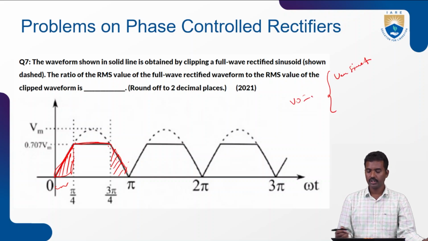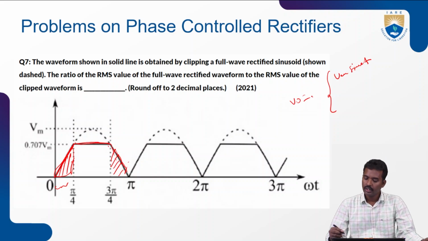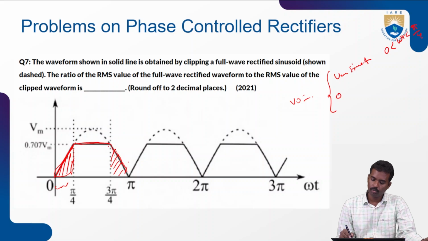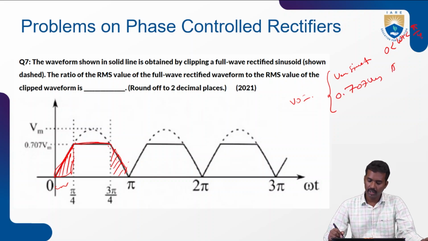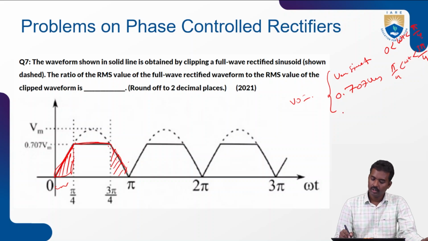So the output voltage equals Vm sin omega t from omega t equals 0 to pi by 4. And now here this value is 0.707 Vm, from pi by 4 to 3 pi by 4. Then again it is Vm sin omega t from 3 pi by 4 to pi.